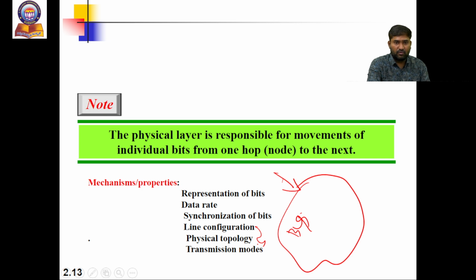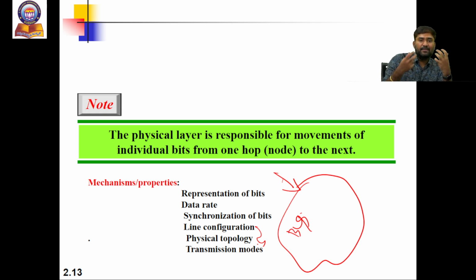Because below the physical layer there is no other layer, directly we are moving the data towards the network. The network has different types of topologies, so based upon them we construct the data. Due to that, we study the physical topology in the physical layer.